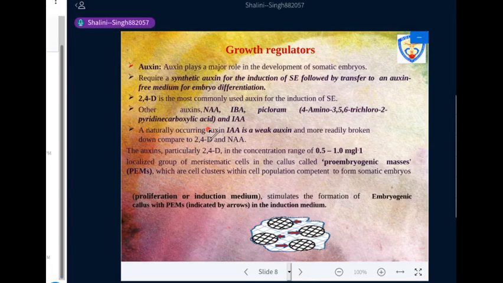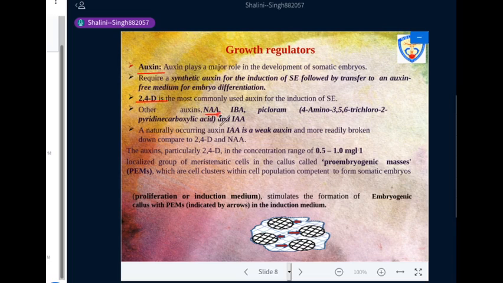Growth regulators which you are going to use in the process of somatic embryogenesis may be auxin. Auxin plays a major role in the development of somatic embryos. It requires a synthetic auxin for the induction of somatic embryos, followed by transfer to an auxin-free medium for embryo differentiation. 2,4-D, that is 2,4-dichlorophenoxyacetic acid, is the most commonly used auxin for somatic embryogenesis induction.